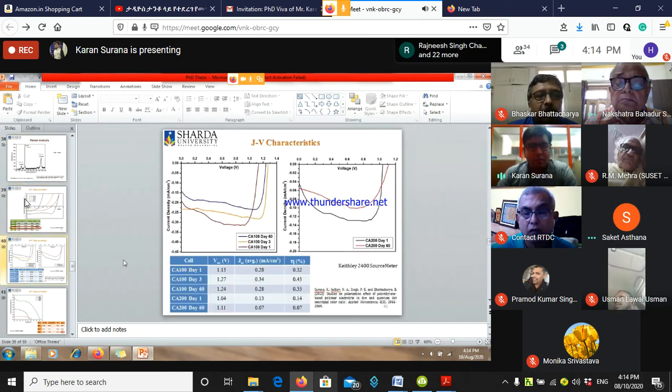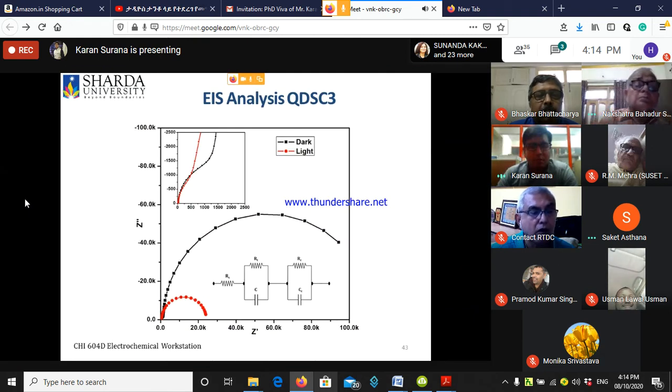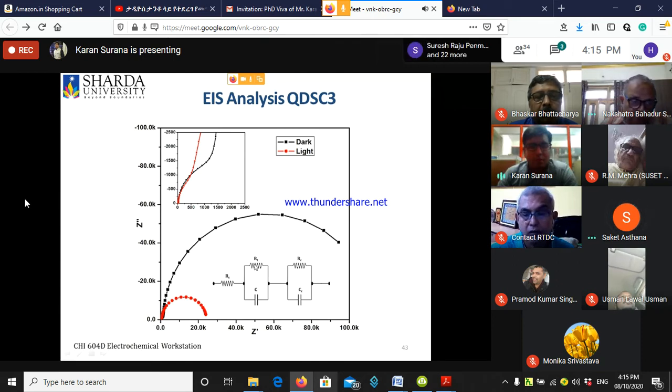Yes, sir. Impedance analysis was to check the impedance occurring at the junctions of the solar cell. The first is the series resistance, which occurs because of the external circuit wires, the FTOs and other clips. The second is the impedance at the junction between the counter electrode and electrolyte.